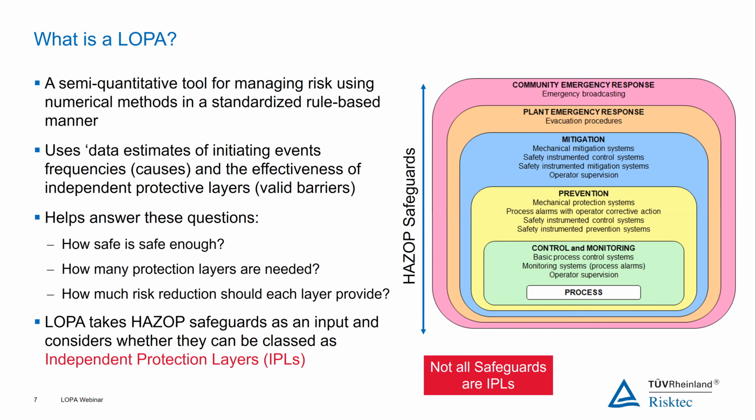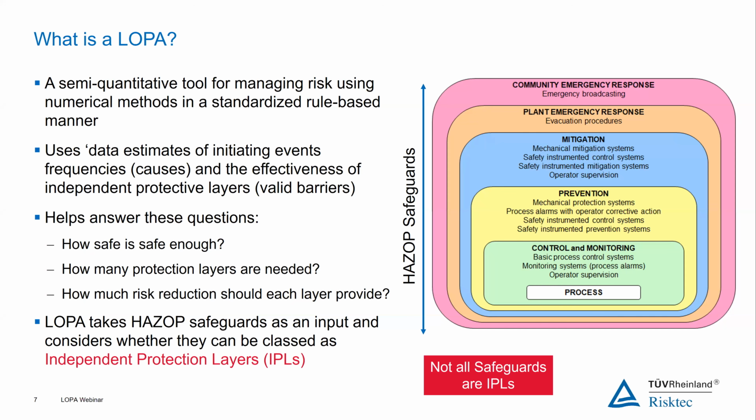And essentially what we're doing with LOPA is we're analyzing each of those blocks of Swiss cheese and the specific locations of the holes within that cheese to make sure that there is no common mode failure, or there is no potential pathway that we could line up all the holes and get straight from what could be considered as a cause to a consequence that could result in people, environment, asset, or reputation damage.